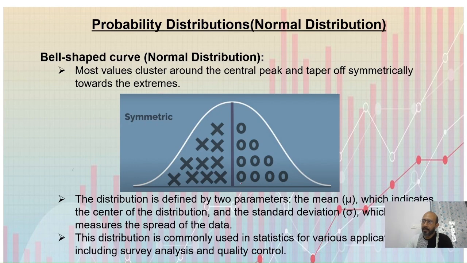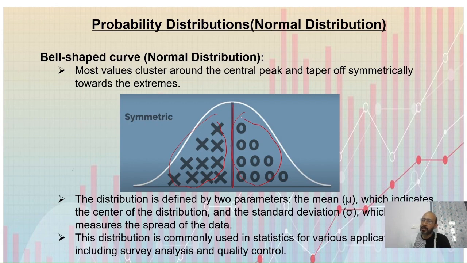If we draw a vertical line on the mean, then it gives a mirror image, that's why it is symmetrical. Like this portion is the mirror of that portion.